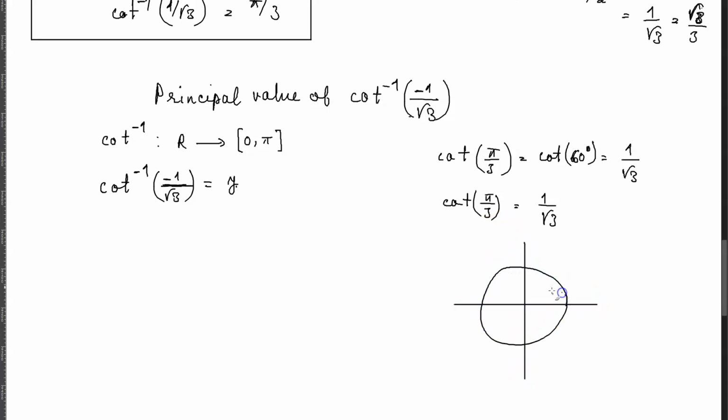You see that the cot function is nothing but the cot of x is equal to cos of x over the sine of x, right?